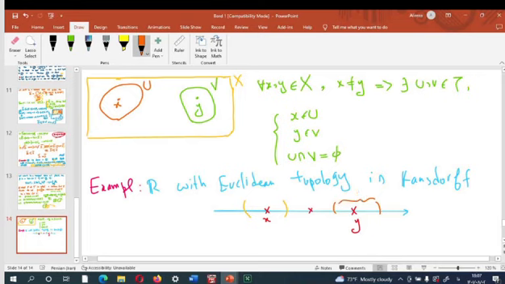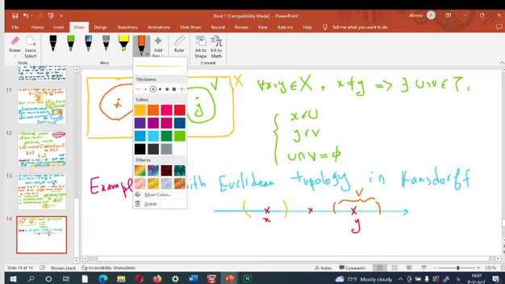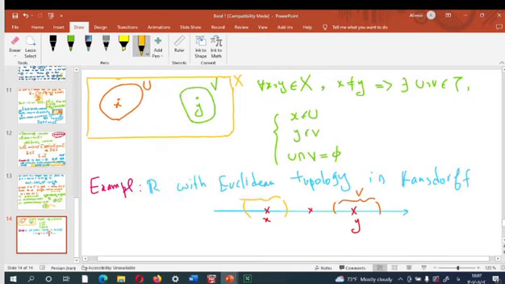These are V, for example, and these are U. You see that this U and V have these three properties: x is a member of U, y is a member of V, and this U and V are disjoint.